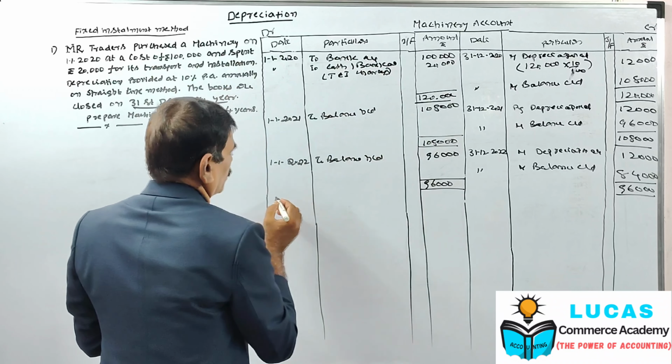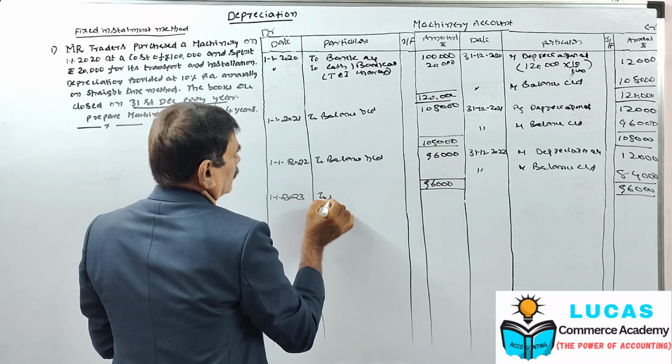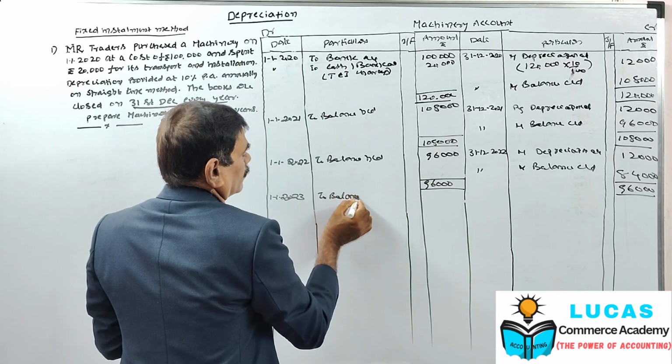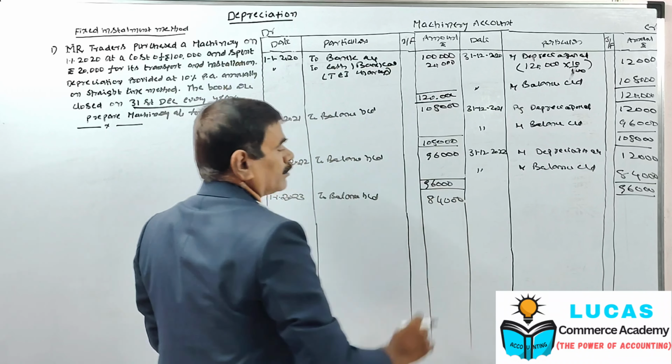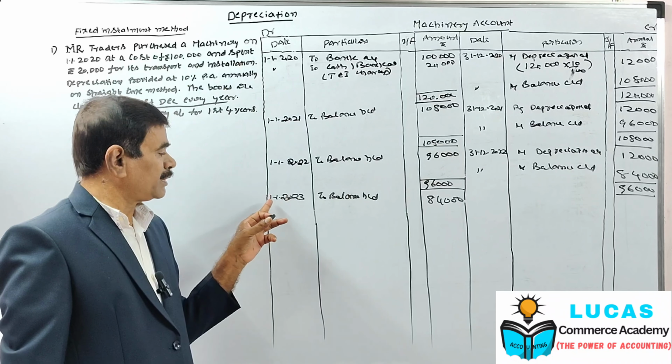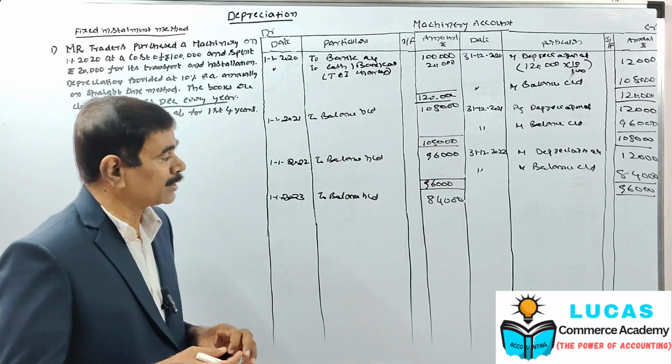Then brought forward to next period, 84,000. No transaction takes place from 1/1/2023 to 31st 2023.